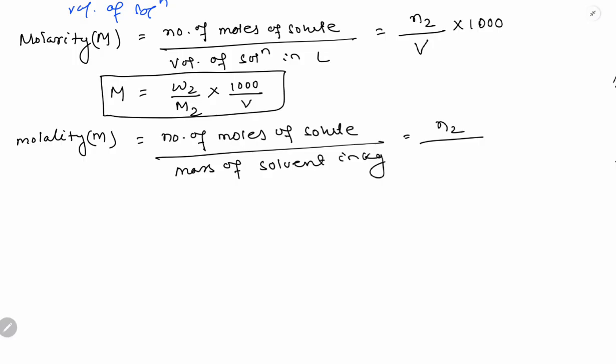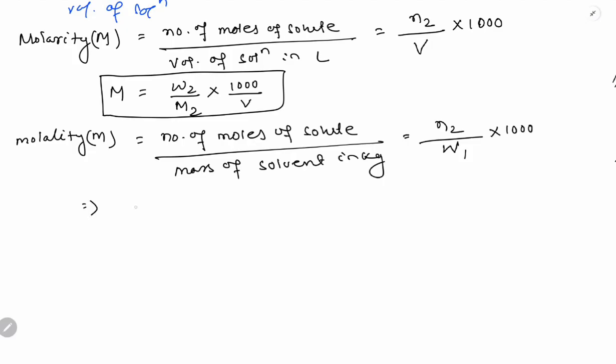I told you that solvent will be treated as 1 and solute will be 2. That's why I'm giving W1. And normally mass is given in gram, so for converting it into kilogram I have to divide by 1000.